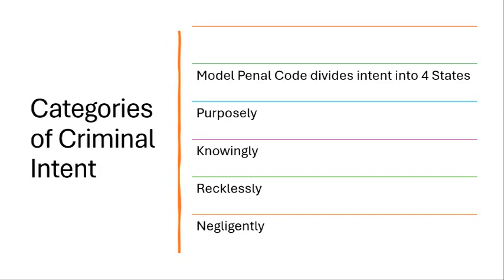So when we talk about intent, it's important to remember that there are 4 categories or states of intent according to the Model Penal Code. That is purposely, knowingly, recklessly, and negligently. Remember, purposeful intent means that the exact intention, the reason behind committing the crime, is exactly what happens. Knowingly is that you know that there is a potential negative outcome, not necessarily the exact purposed outcome, but you knew a bad outcome was possible.